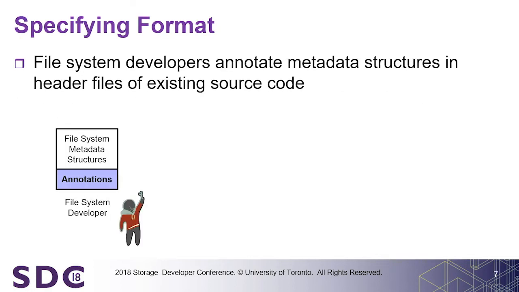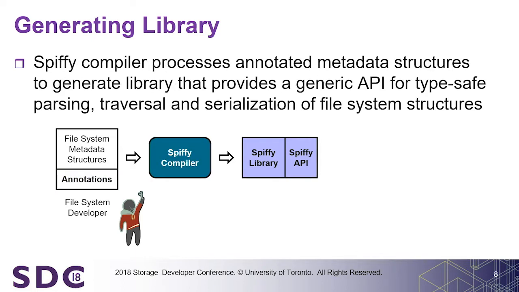Our approach to specifying the format of the file system is to have file system developers annotate the metadata structures in the headers of the existing source code. Next, we use the Spiffy compiler to process the annotated metadata structures to generate a library that provides a generic API for type-safe parsing and serialization, as well as facilities for traversing the file system.